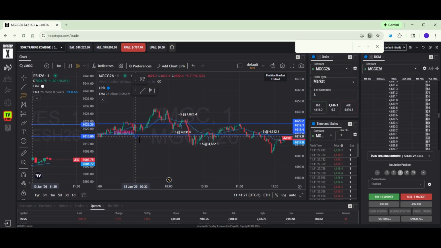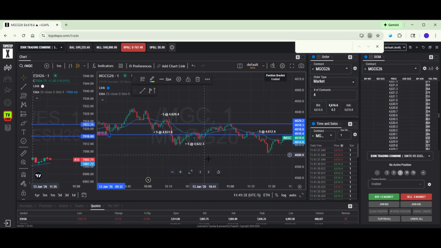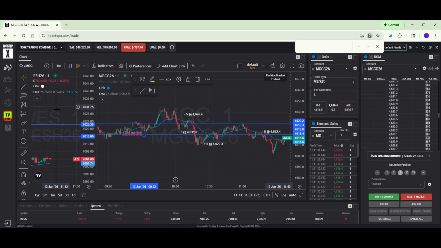The second trade was based on VWAP. You had a double bottom here, and this was at the VWAP. I don't have it drawn on the chart.